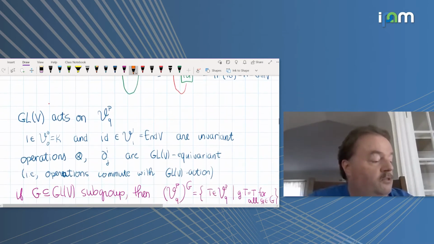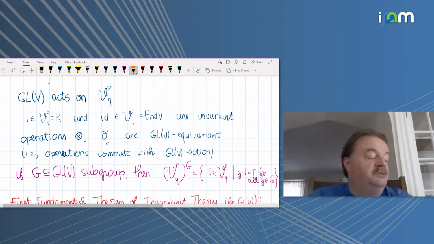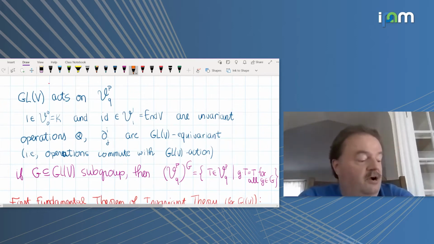Now, on this V^{p,q}, which was the tensor product of p copies of the dual space and q copies of V, we have this action of GL(V) on it. And all the things that I've talked about are invariant under this action.